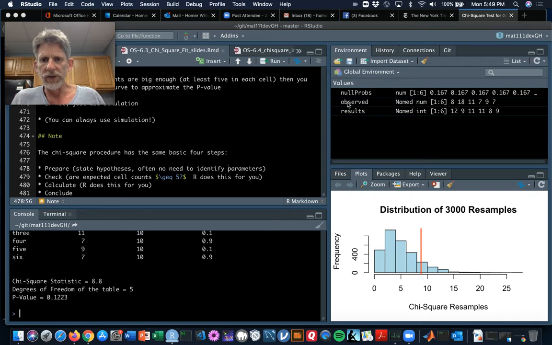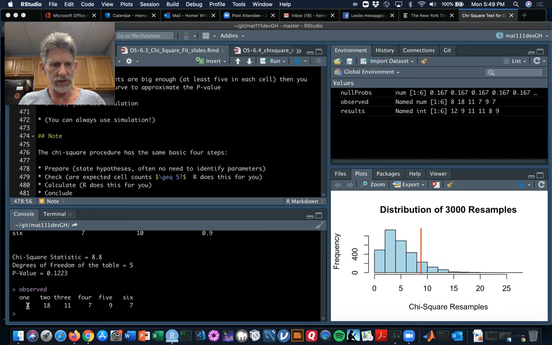But here's the observed vector. The 8, the 18, the 11, the 7, the 9, and the 7. Just to show you observed another way, I'm going to type it out at the console at the bottom. You can see the names. And the null probs is just 6 1/6s. Approximated here as 0.167.